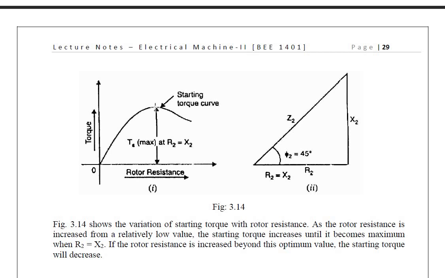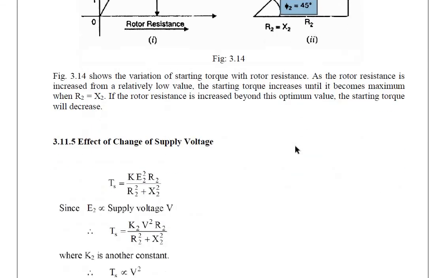This is the maximum starting torque point at which the value of R2 is equal to X2. So here the value of R2 and the value of X2 are the same. That's why the power factor angle phi2 is equal to 45 degree, and the power factor is 0.707. So this is the condition for the maximum starting torque.